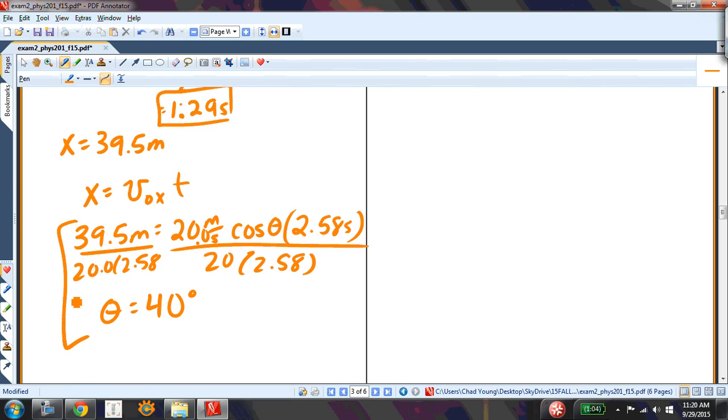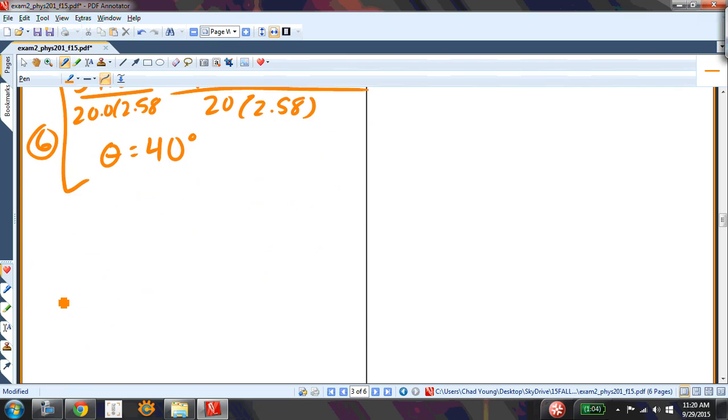All right, this was one part of the problem. I considered this to be worth about 6 points. Now on the next part, you had to find the y displacement. The y displacement is v naught y times t plus 1/2 a t squared. Recognizing that we're using t top here, we're using 1.29 seconds, not 2.58 seconds.